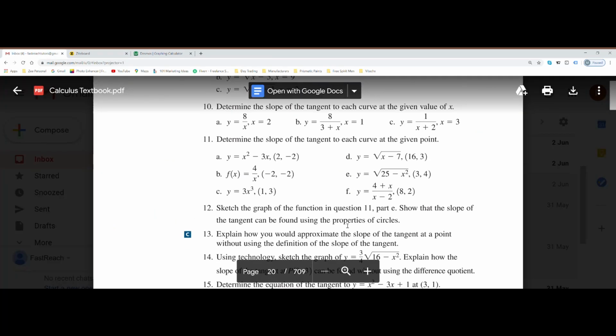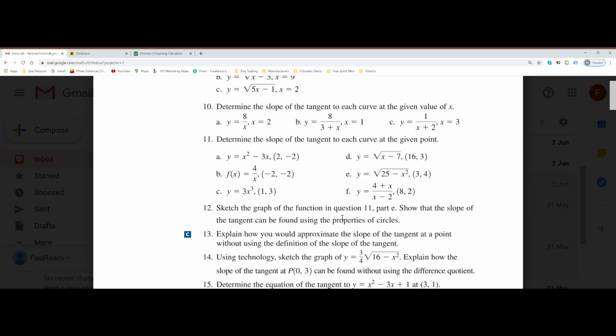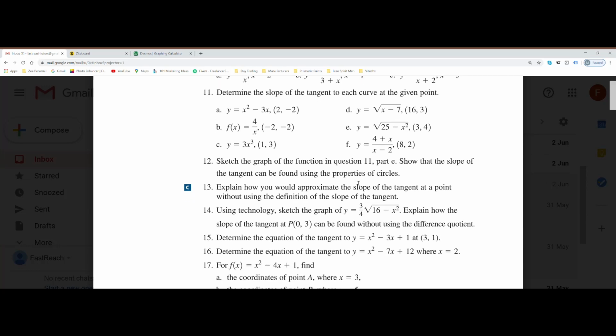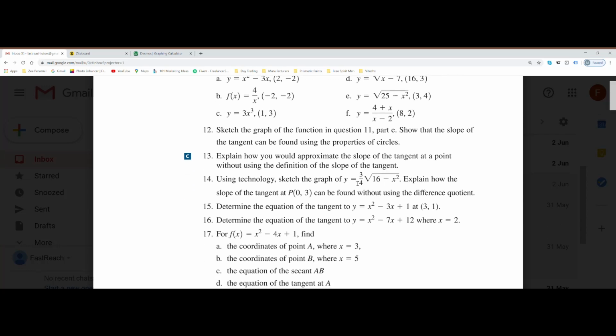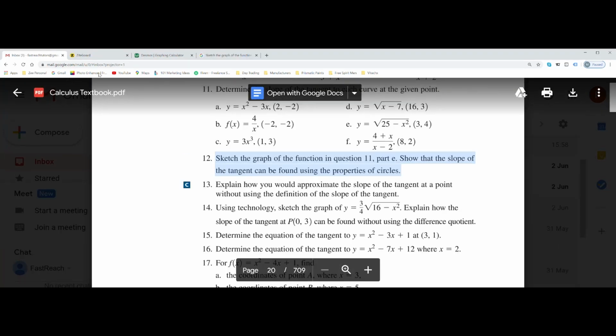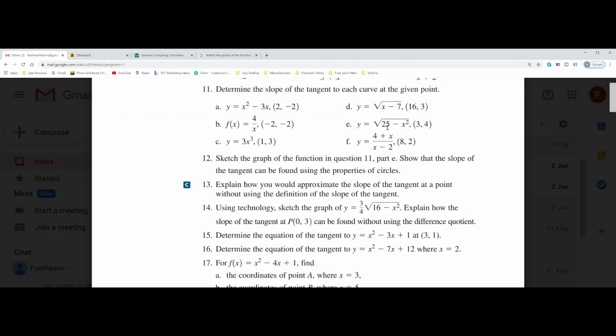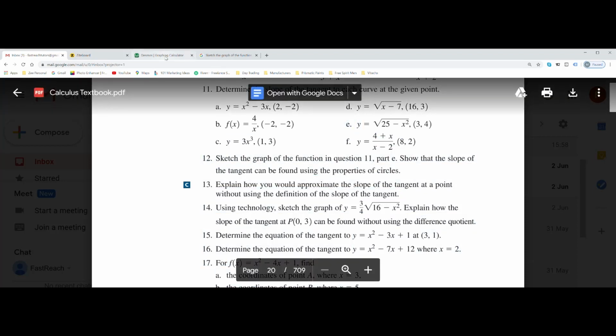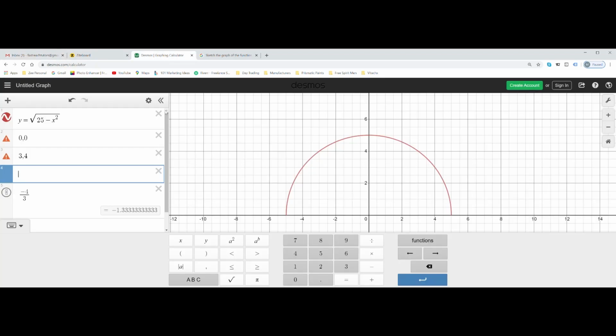So 12. Sketch the function in 12e. So we want to sketch this graph, which is the square root of 25 minus x squared. I've used this to sketch it, and you can see that it's a semicircle.